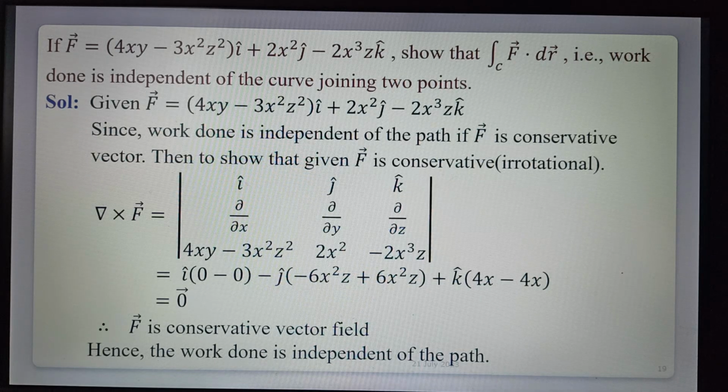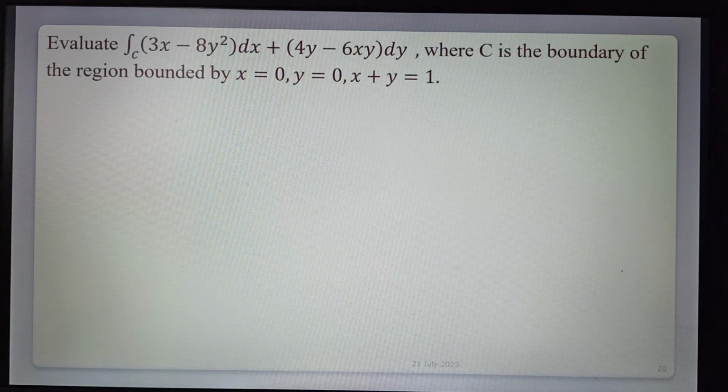So next one. Evaluate the integration over C of (3x minus 8y square) dx plus (4y minus 6xy) dy, where C is the boundary of the region bounded by x equal to 0, y equal to 0, x plus y equal to 1.